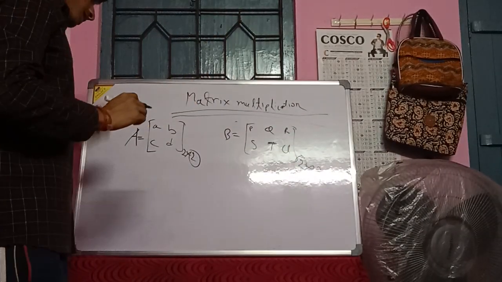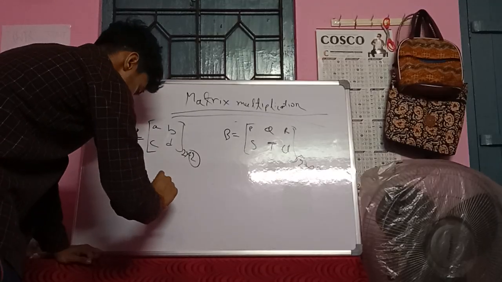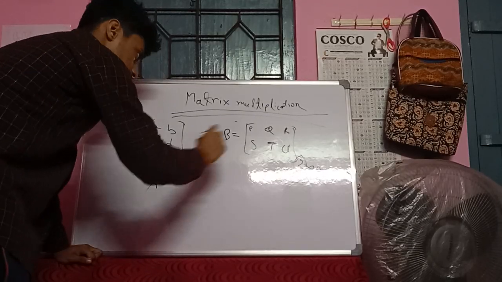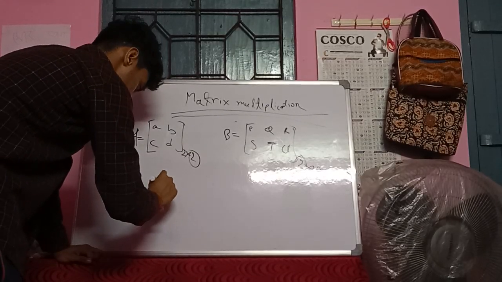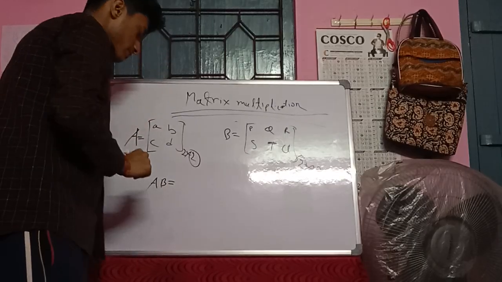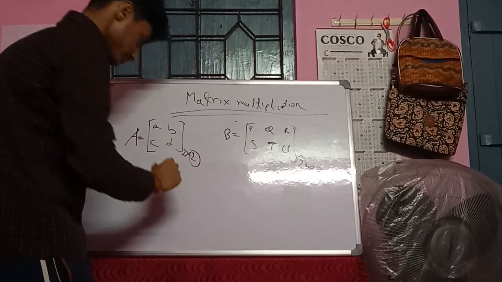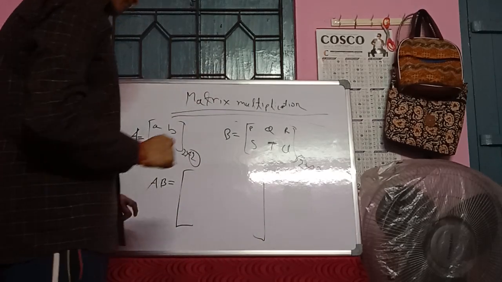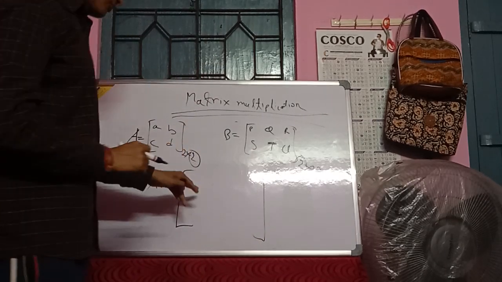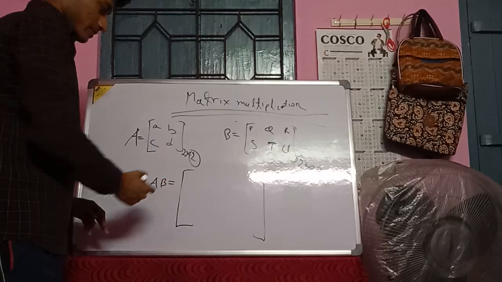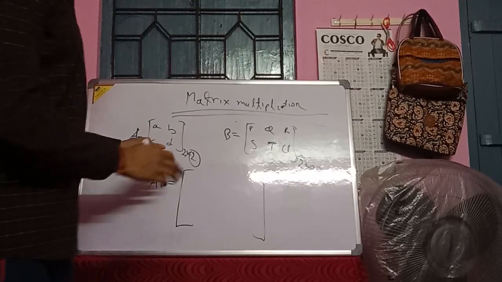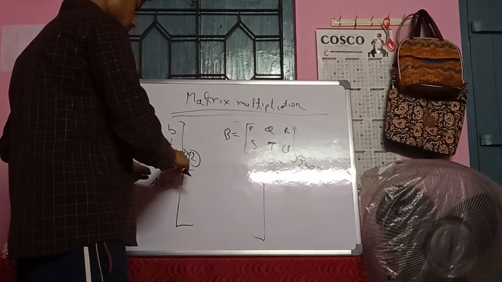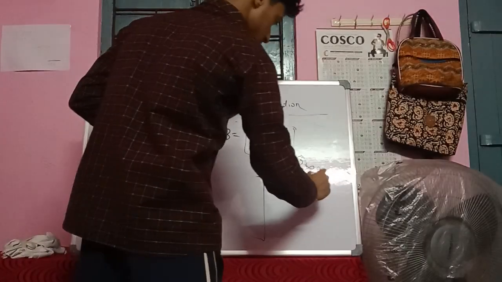Okay. Now we want to find the product of these two matrices. What would AB look like? First of all, what would be the order of the matrix AB? It would be the number of rows of the first matrix by the number of columns of the second matrix.